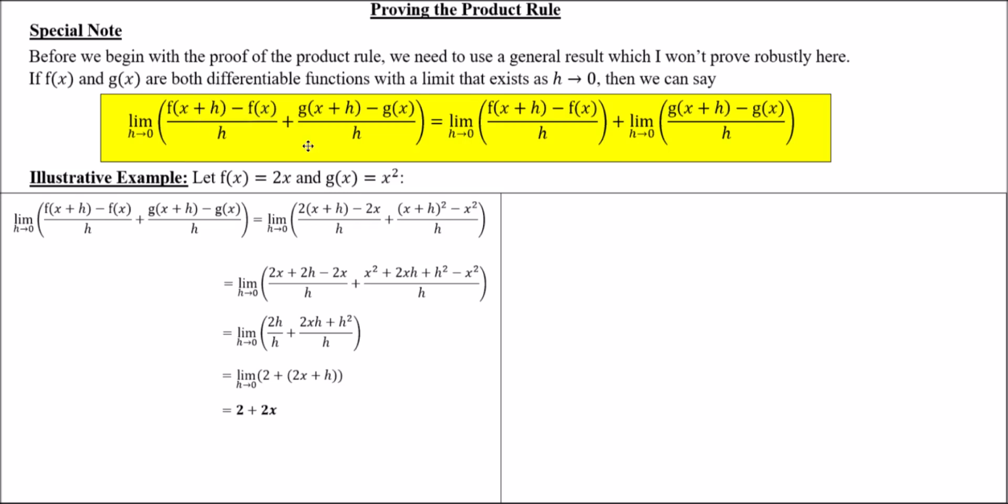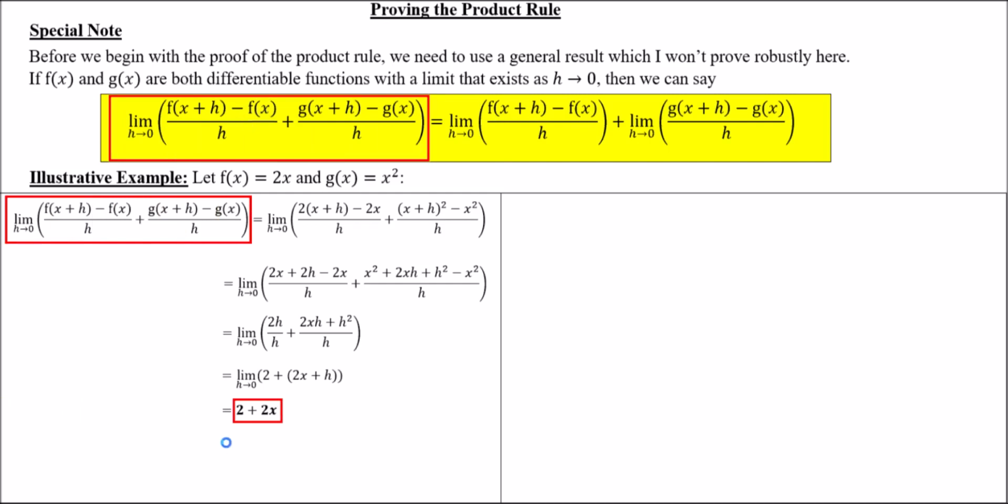So taking these limits together as one, the derivative function of both combined as one is 2 plus 2x. Doing these derivative functions separately though, and then adding together, what would we get? In red, I'm just going to box this off.